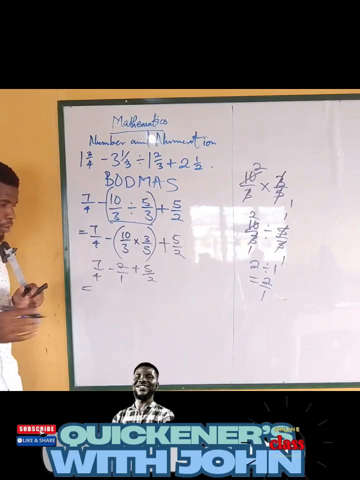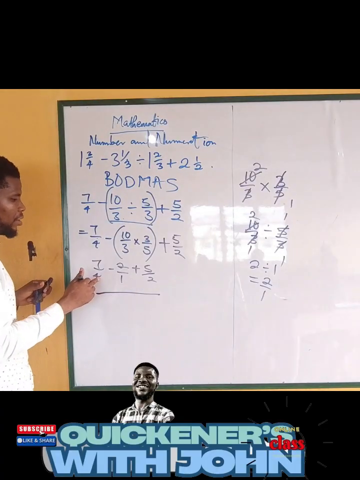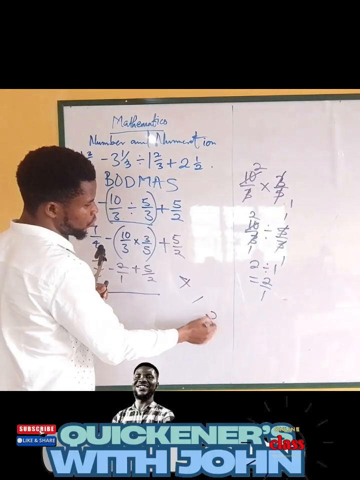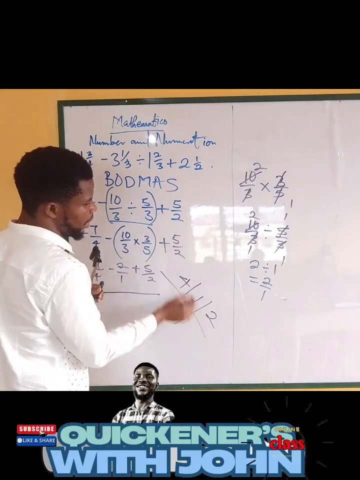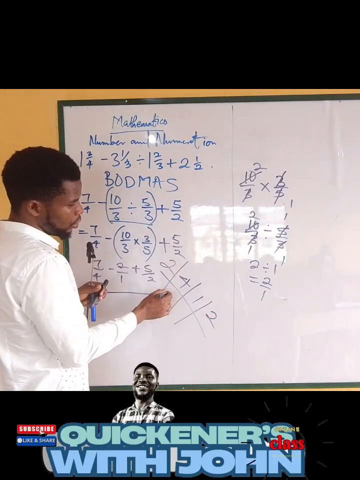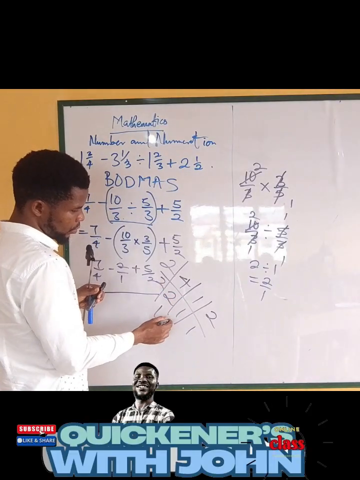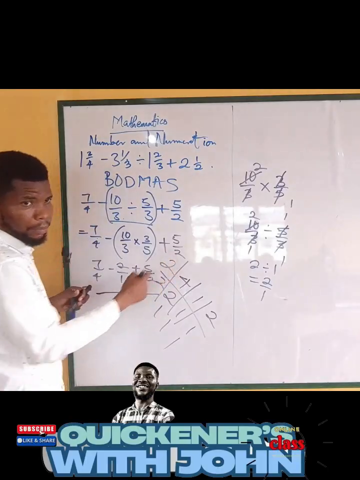So what is the LCM of 4, 1, and 2? Alright, let's get the LCM. Let's go. 2 in 4, 2. 1. 2 here. This is your LCM. Okay?